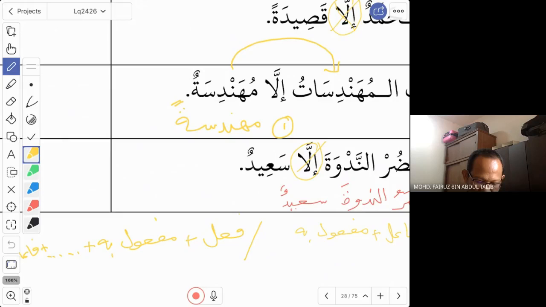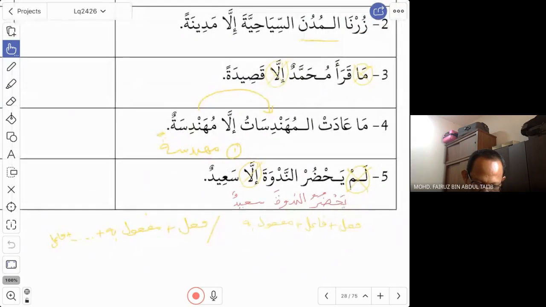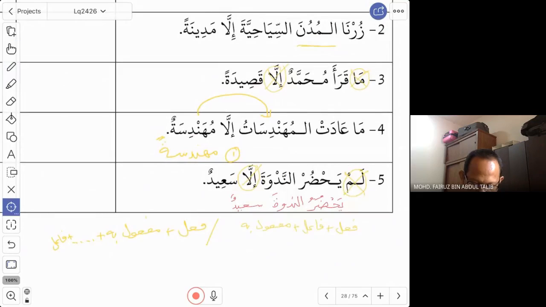This is also possible. But if you have such a sentence, you must make sure that you read them correctly. So for example here, this is fi'il, this is fa'il, this is maf'ulun bih. So you know this is fa'il, then you read this correctly: Sa'idun, because it is fa'il. This is maf'ulun bih, nadwata. So that is why you read nadwata illa sa'idun.